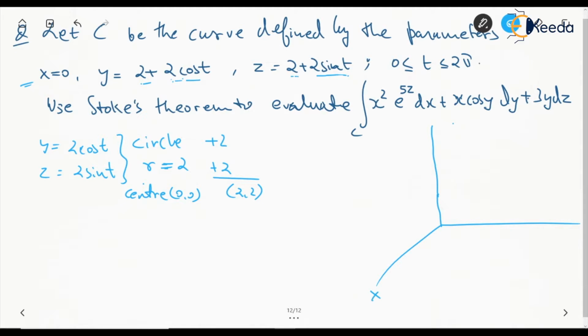Let's say this is x, this is y, and this is z. Had it been at the origin, it would have been something like this.